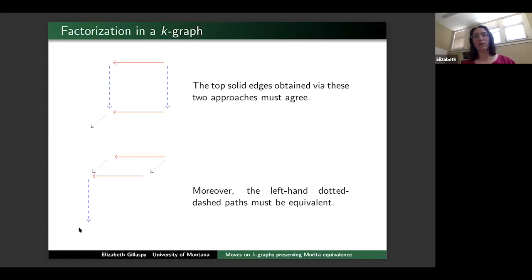Those have to be equivalent in our factorization. But as I said, the magic of this Hazelwood, Rayburn, Sims, Webster result is that all you have to do is check the three color equivalences. Once you know that all the three color paths factor out nicely, sort of wrap around a cube, give you a well-defined cube, then you know you have a k-graph.